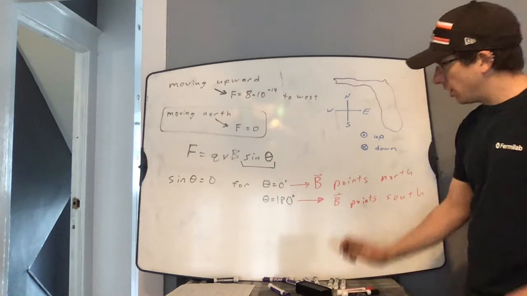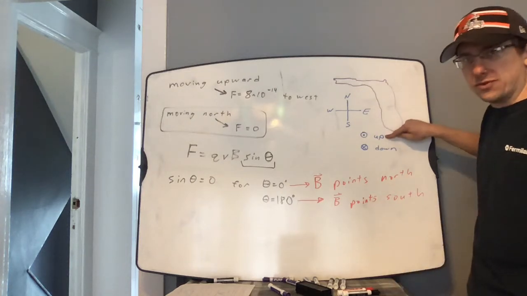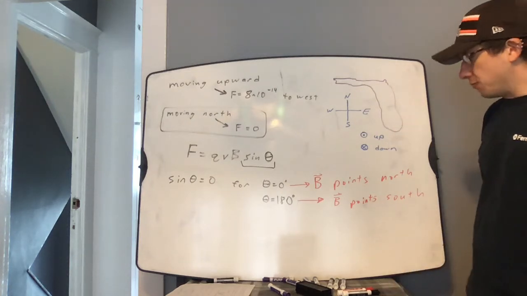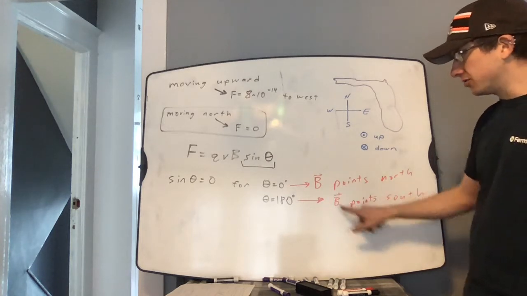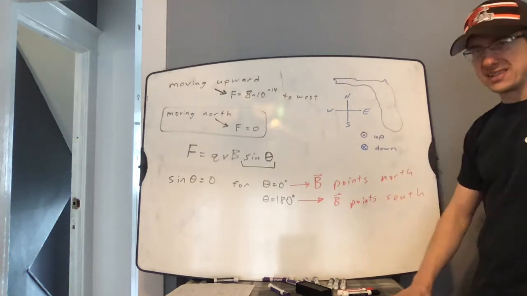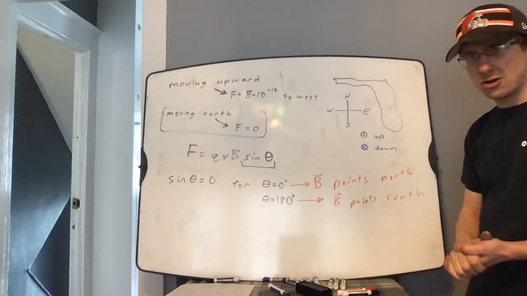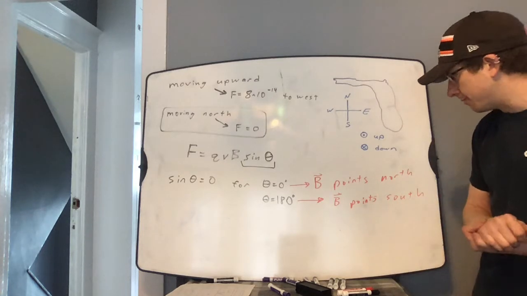Now what we're going to do is we're going to use the first piece of information. We will assume the proton is moving upward. Upward is out of the board. And then I will curl my 4 fingers in the direction of the magnetic field. And I know that I want my thumb to be pointing to the west. A proton is a positive charge, so in this case the force on the proton should be in the same direction as my thumb.